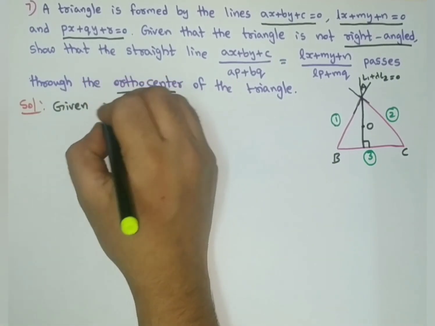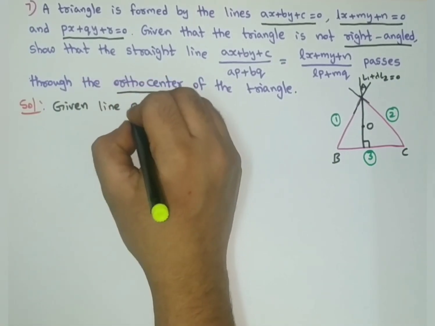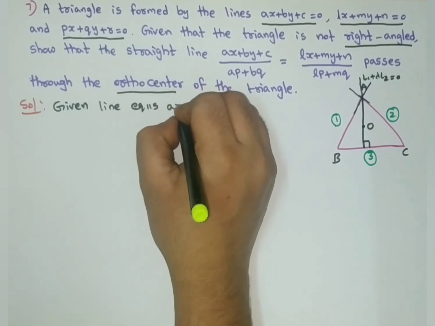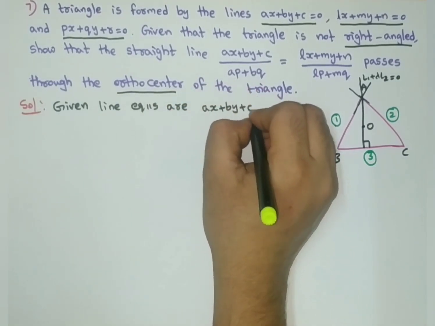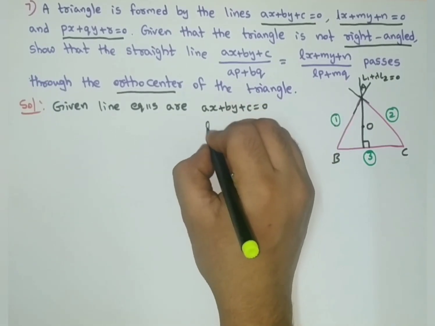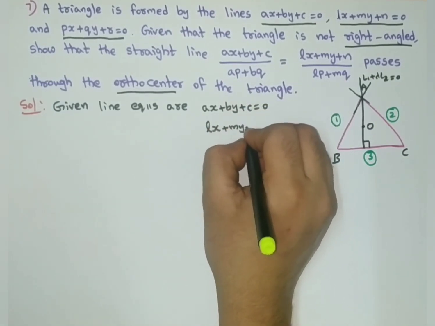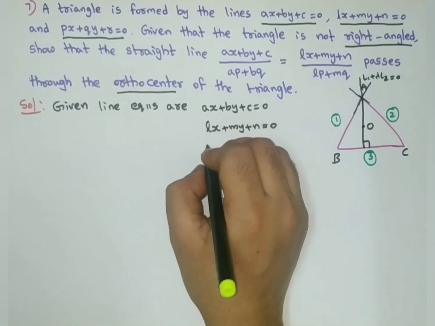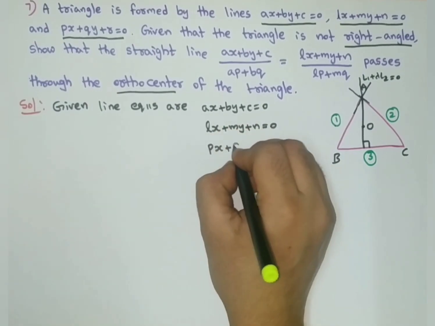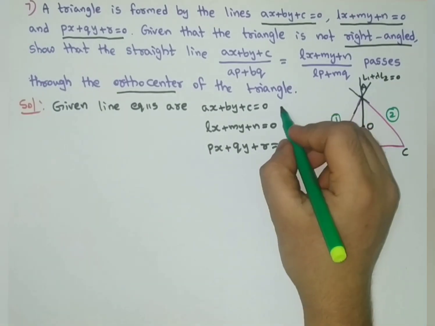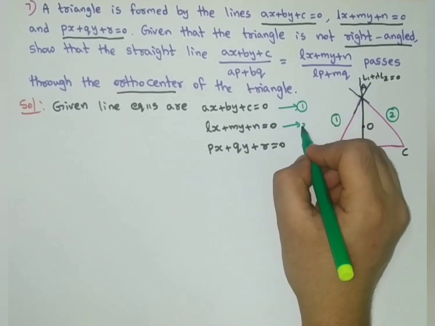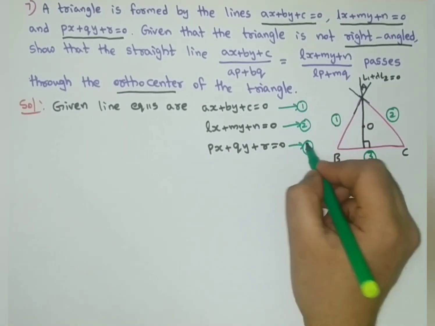Okay, first write down given line equations are ax plus by plus c is equal to 0, lx plus my plus n is equal to 0, px plus qy plus r is equal to 0. Make it equation 1, equation 2 and equation 3.